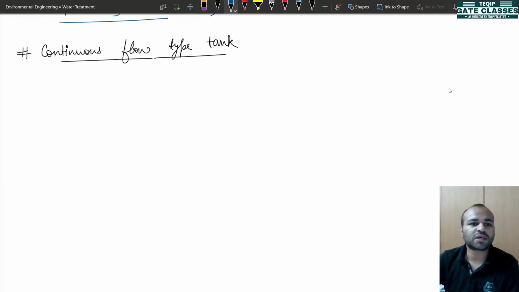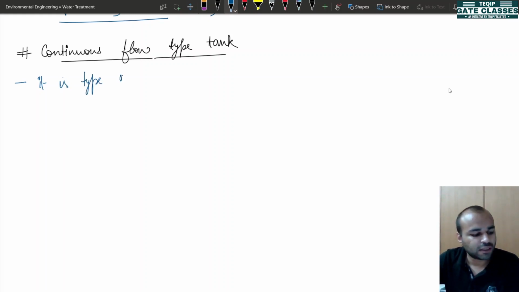Okay, so continuous flow type tank. Like I discussed in the last class, continuous flow type tanks are those in which the flow continues. Previously we learned about quiescent type, or the fixed flow or fill and draw type, in which the flow was not continuous. So let us write the basic things about this.